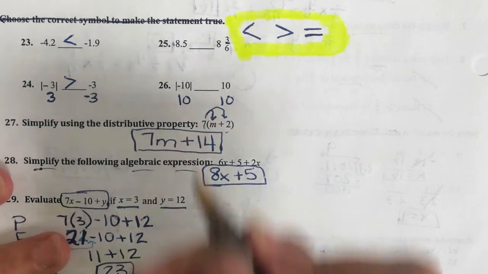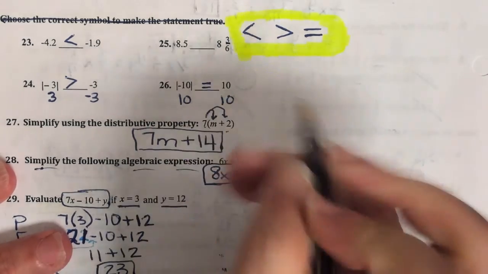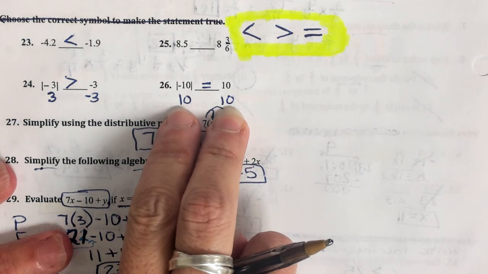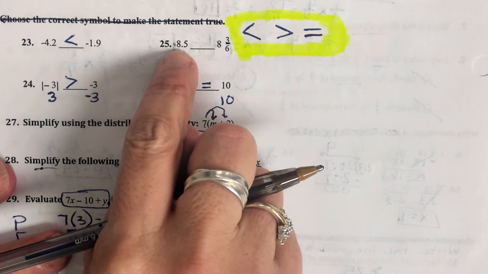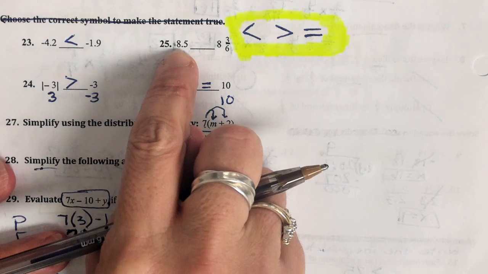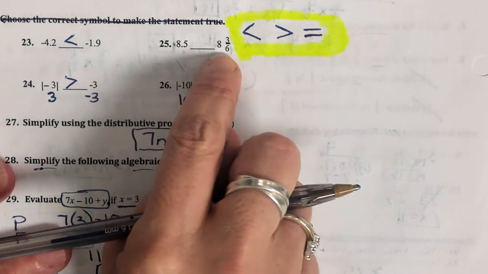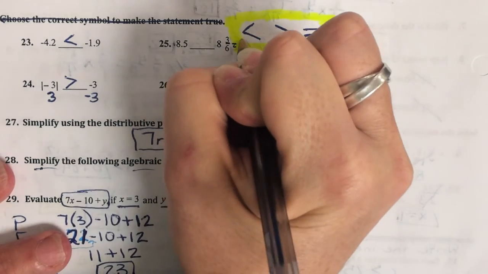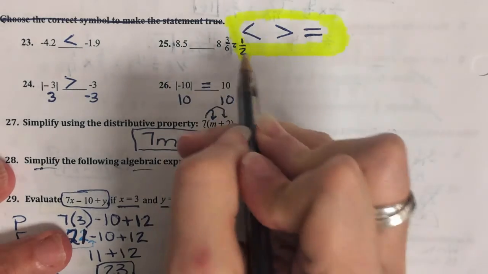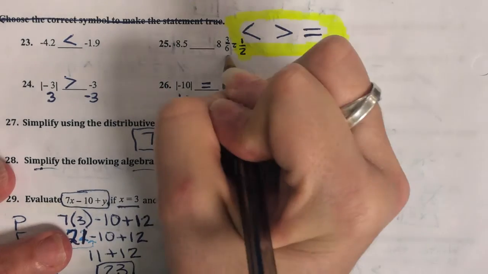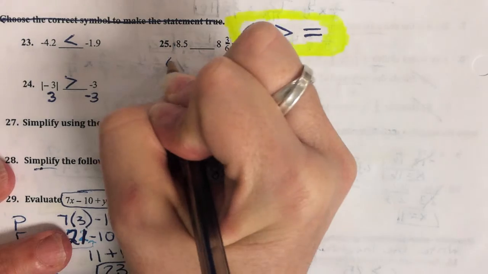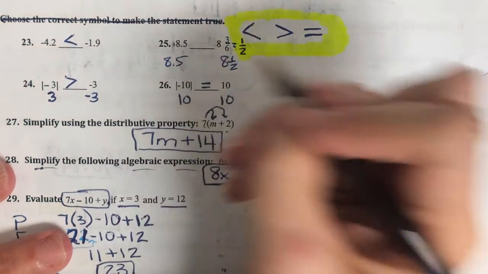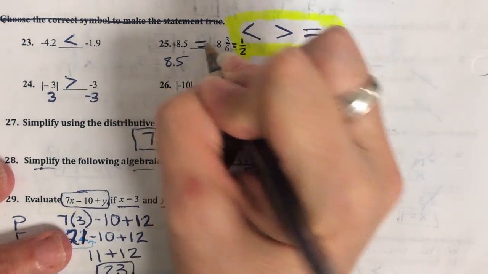So this one's equal. Okay. We did our fraction to decimal equivalencies, and 3/6 is the same as a half. And so 8.5 and $8.50, they're equal because they're both halves.